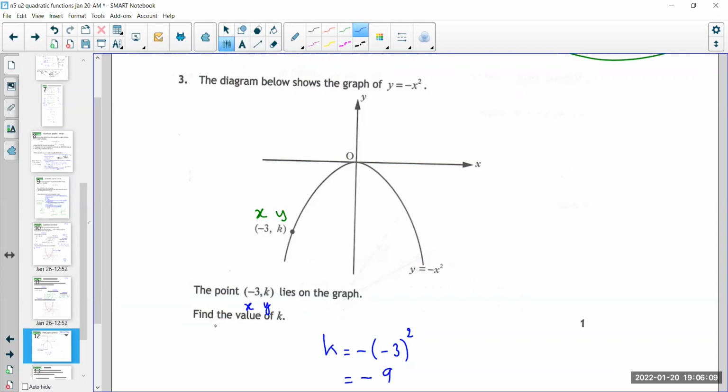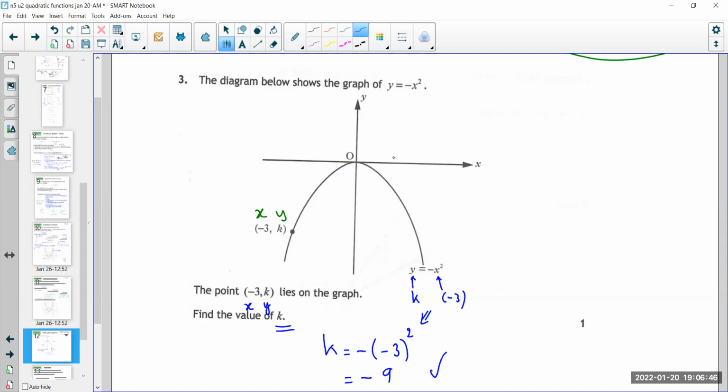So the question was, find the value of k for this point (-3, k) to lie on this y equal -x squared function by substituting y with k and x with -3. I've managed to get the value of k. Okay, so k equal -9. Now was it 1 mark.